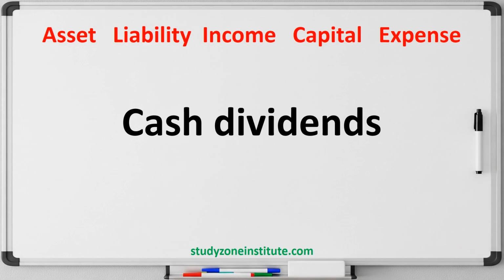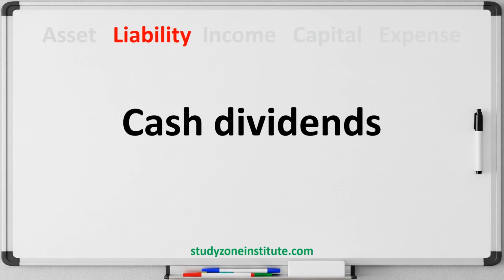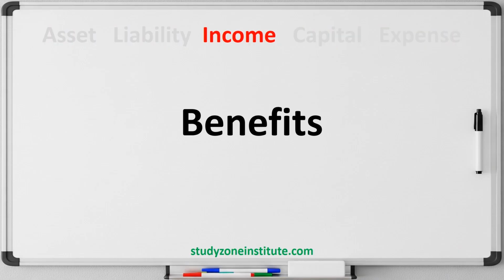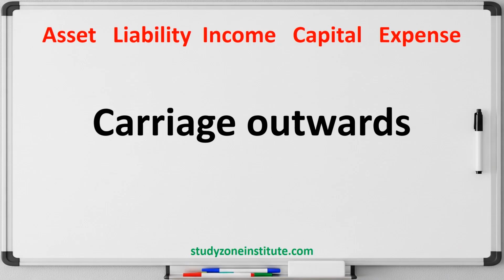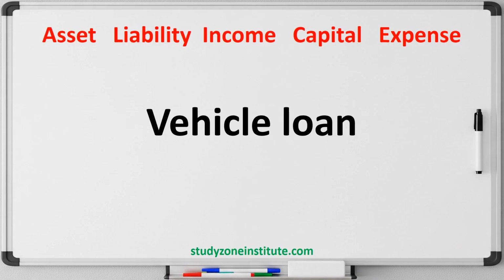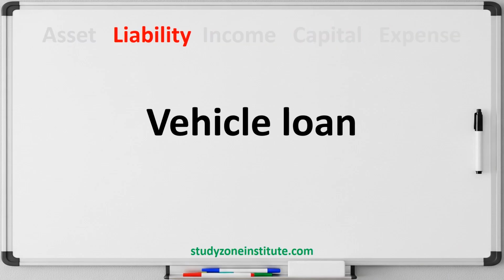Cash dividends. Liability. Benefits. Income. Carriage outwards. Expense. Vehicle loan. Liability. Computers.